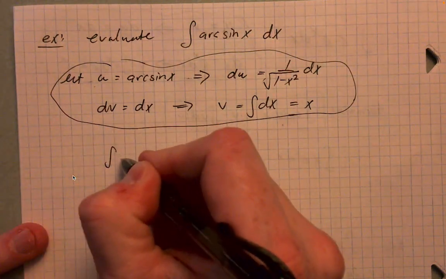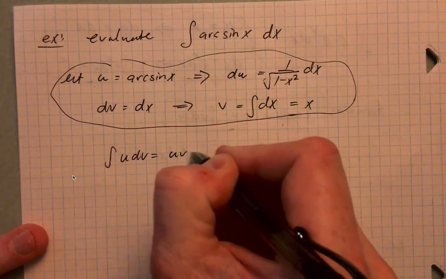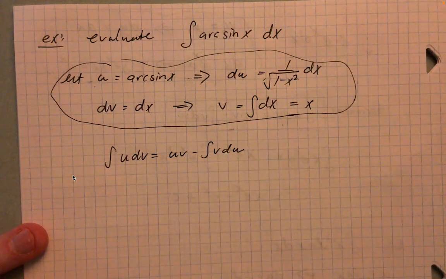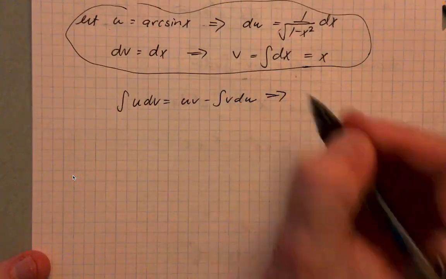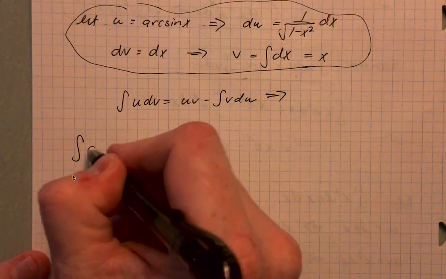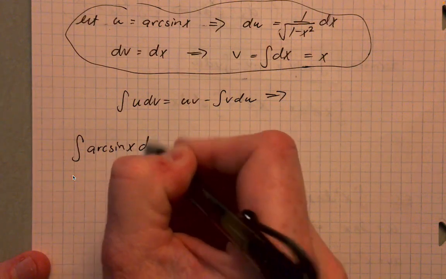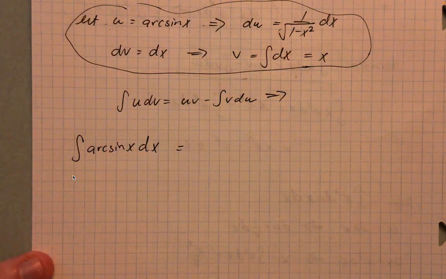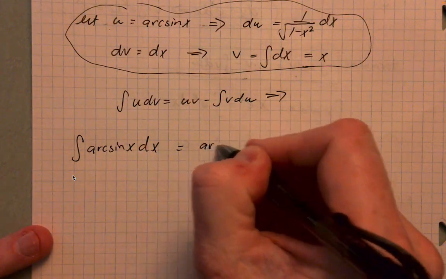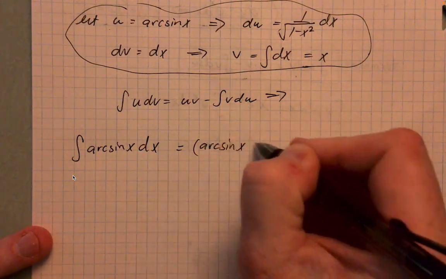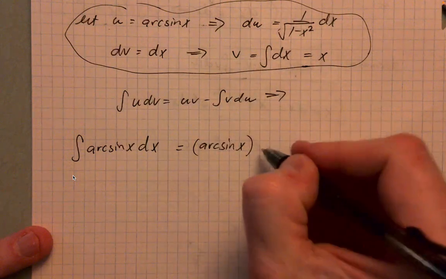So remember, the integral of u dv equals uv minus the integral of v du. That's our formula. And so we've got the integral of arcsine x dx is equal to, now what's u? Arcsine x. And what's v? Just x.